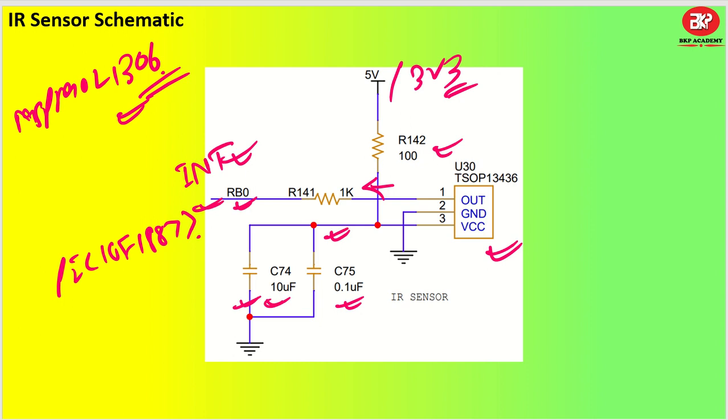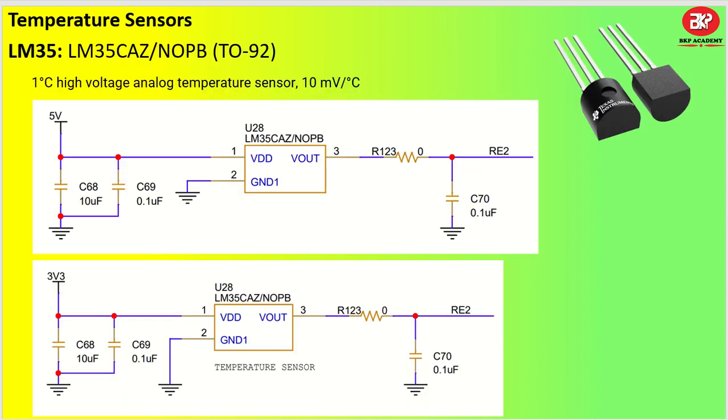Now, very important ones that we will see now, after IR sensors, are temperature sensors. Temperature sensors are utilized quite widely, and I find LM35 is one of the best temperature sensors, very robust and sturdy.